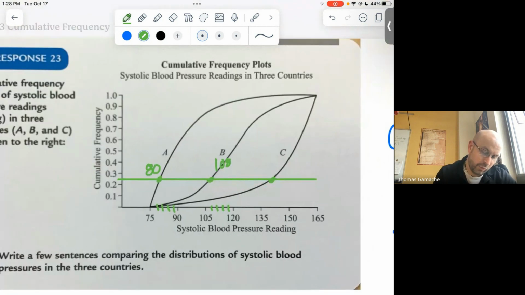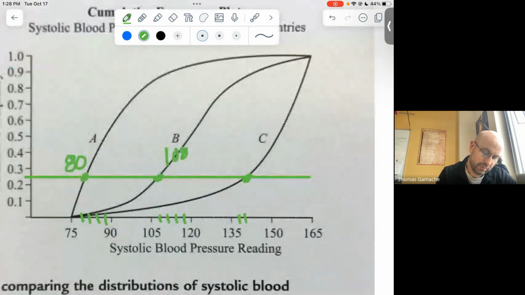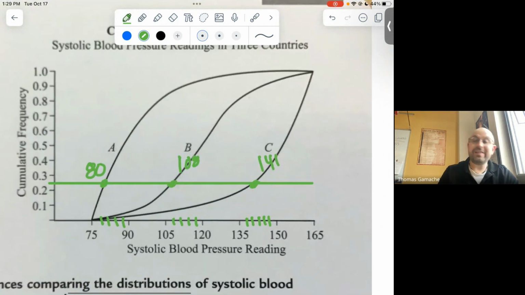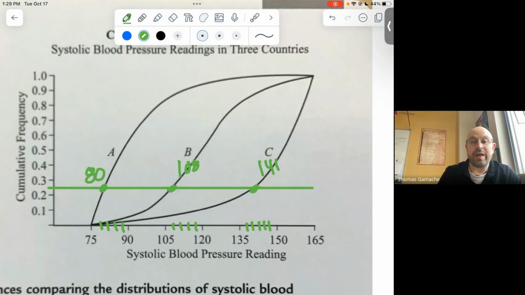And then for C here, I'm going to get about, let's say about 141. Again, I'm just approximating. But at least it gives me something to work with so I can determine what outliers might look like. I could say what are potential outliers or possible outliers. Again, I did that using quartiles because I'm looking at quartile 1, which is the 25th percentile. I can approximate that on each of these.